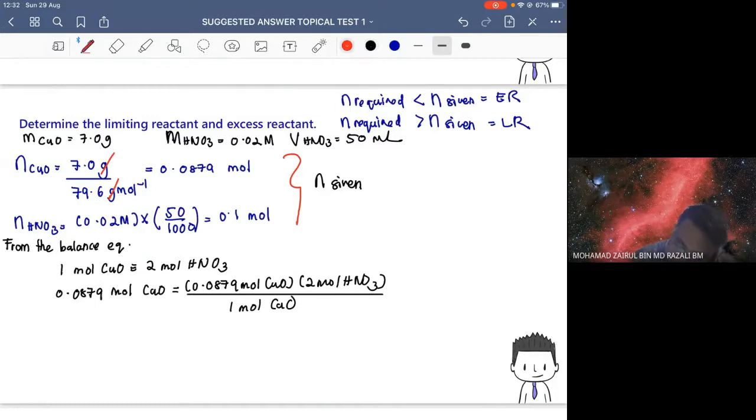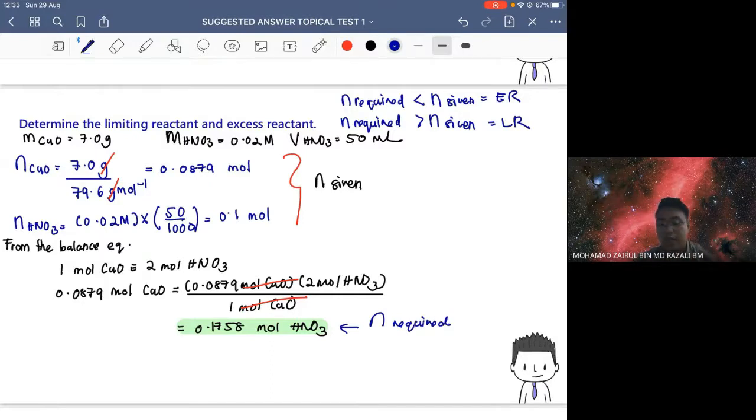So awak boleh cancel out mole CuO. So ini awak akan dapat 0.1758 mole HNO3. Okay, so ini adalah sebab kita dapat value ini daripada stoichiometry, yang ini kita panggil dia sebagai mole required.